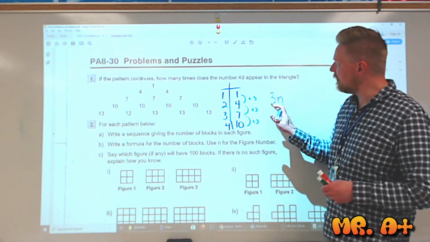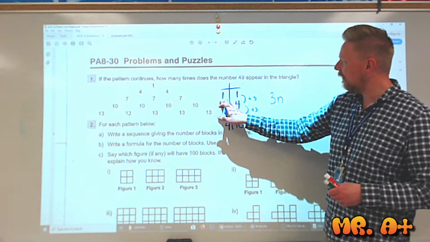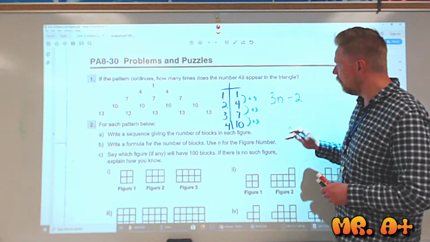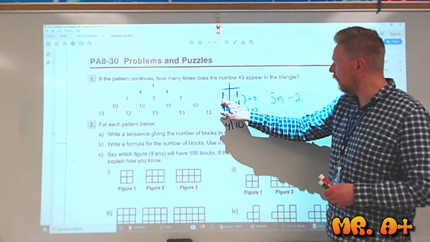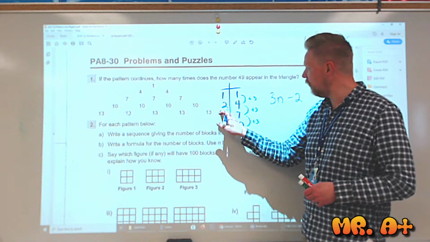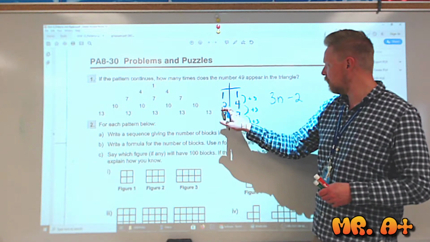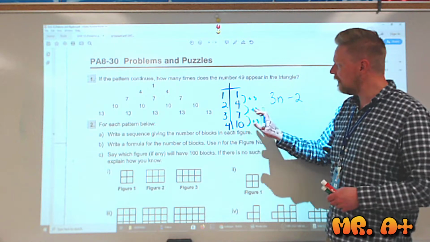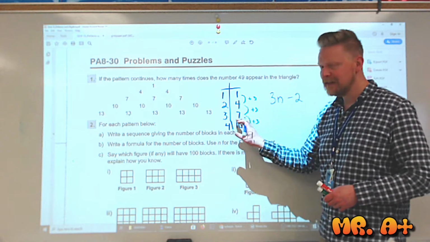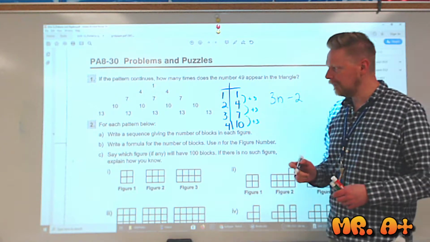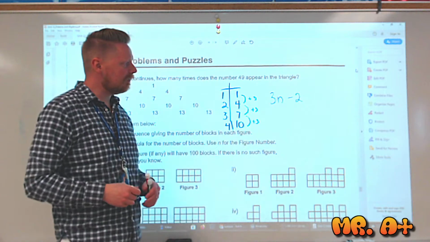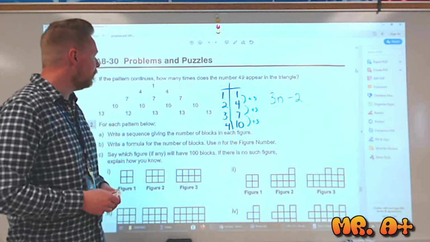So let's see, 3 times 1 is 3, and I want my output to be 1, so I'm going to subtract 2. 3 times 1 is 3, subtract 2 is 1. 3 times 2 is 6, subtract 2 is 4. 3 times 3 is 9, subtract 2 is 7. So this is the formula I'm working from here. My expression is 3n subtract 2.